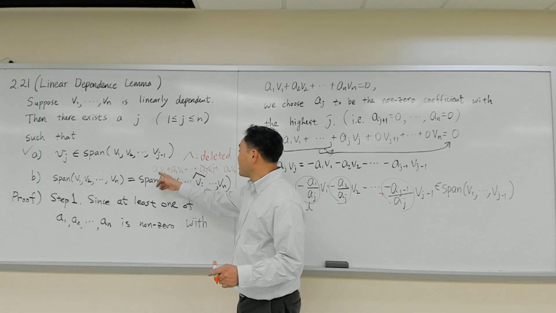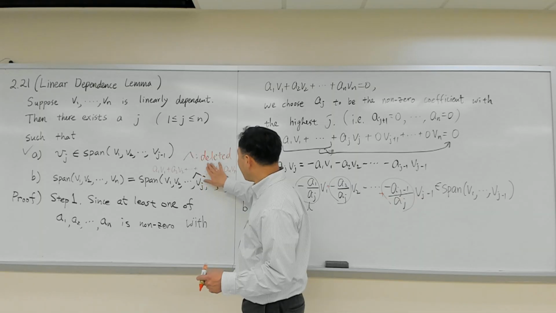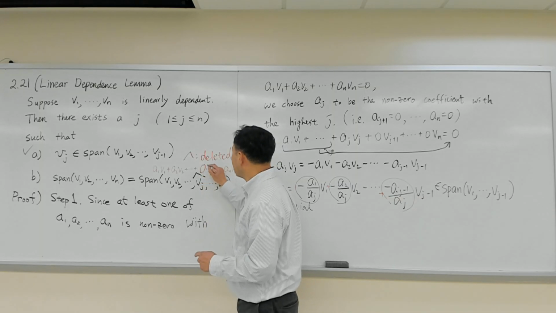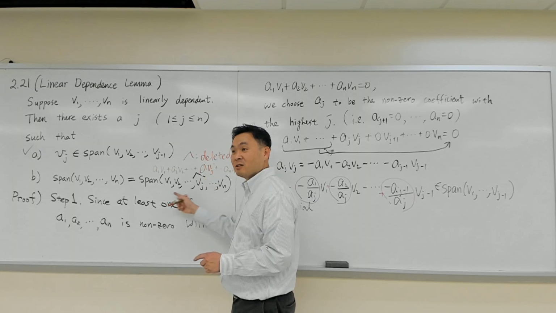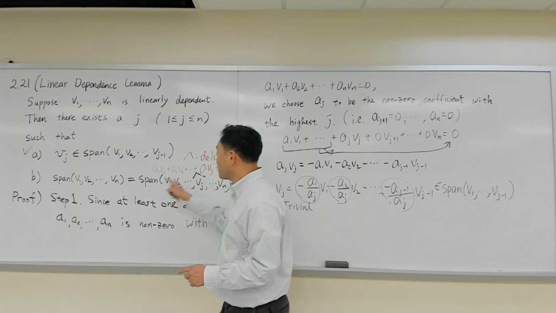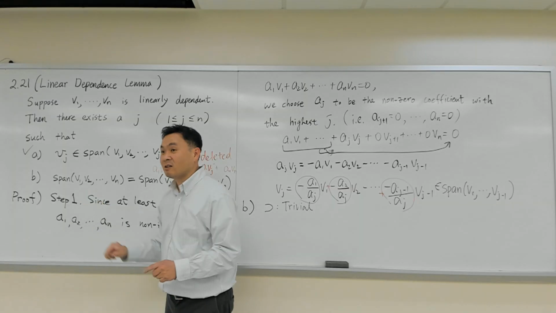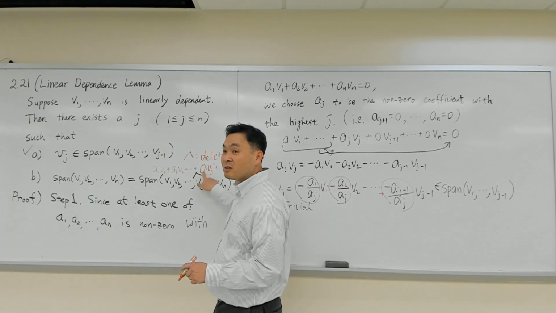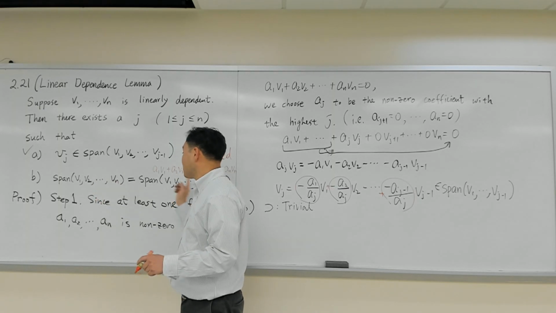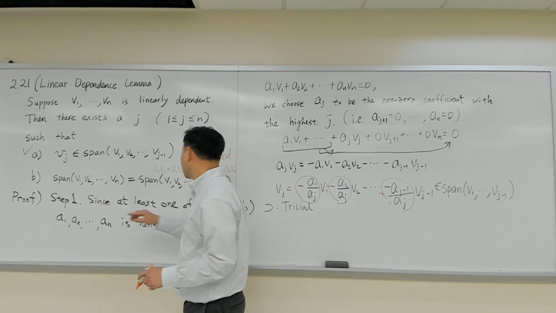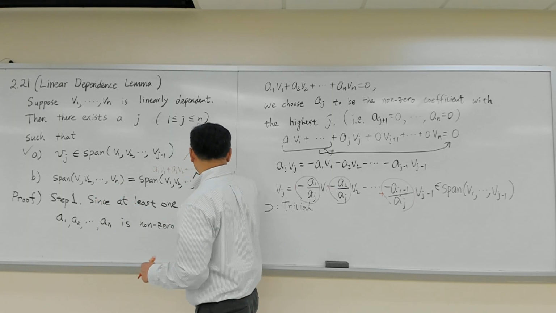But that's like this AJ being 0 times VJ. That's exactly one of the elements in here, with this being 0. So anything in here is an element in here. That means this is a subset of this other one. So that part is trivial.